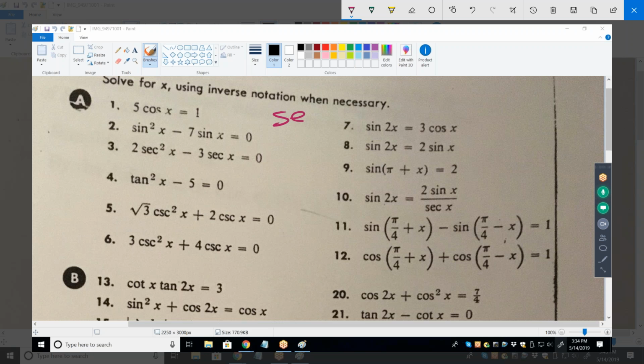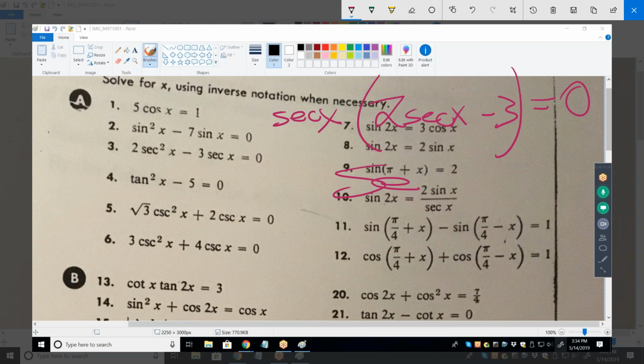We have secant x times 2 secant x minus 3 equals 0. So secant x equals 0, and 2 secant x equals 3, so secant x would be equal to 3 halves.